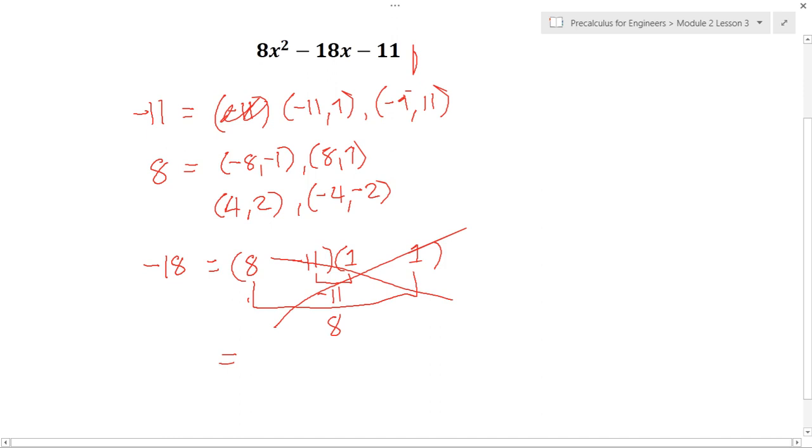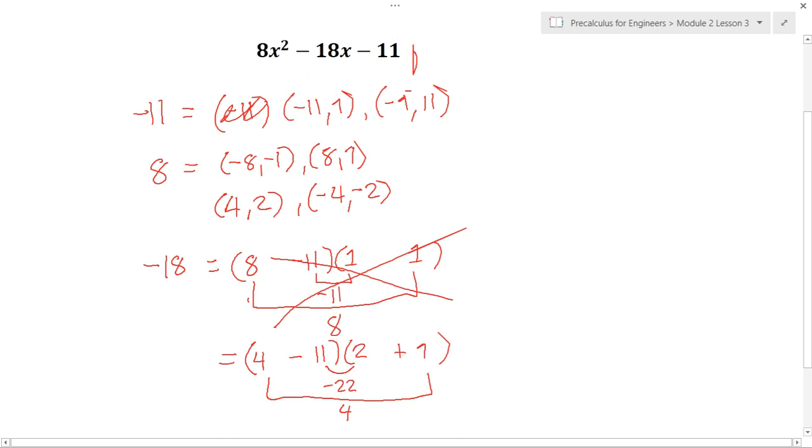Why? So, I have here, put here 4. And then also put here 2. So, dapat magiging 18. But I know that negative 11 times 2, yung inner is negative 22. And then, when I put here a positive 1, so 4 times 1 is 4.